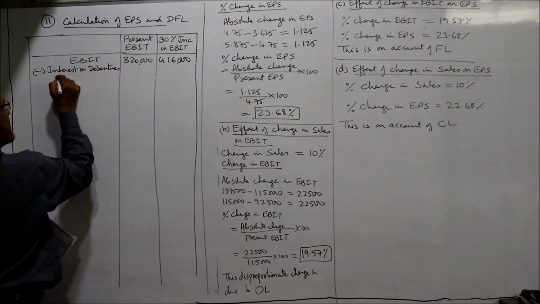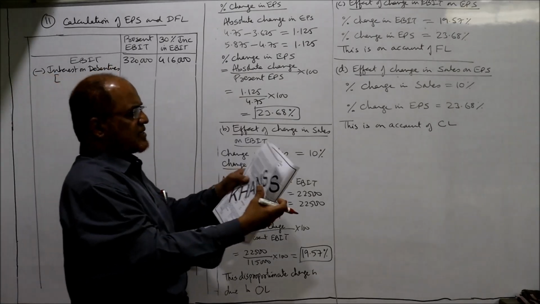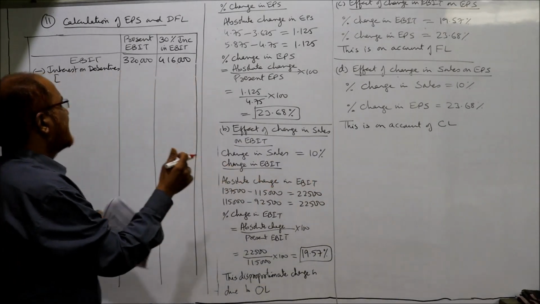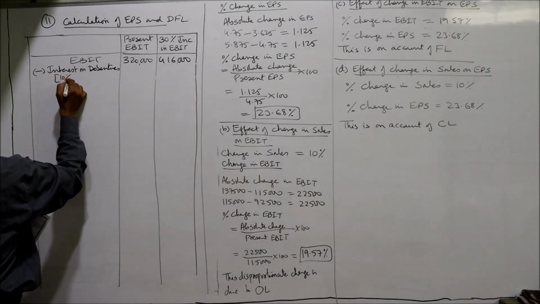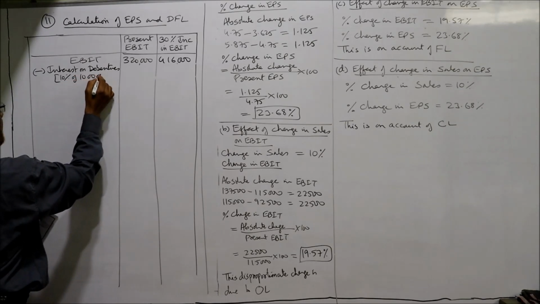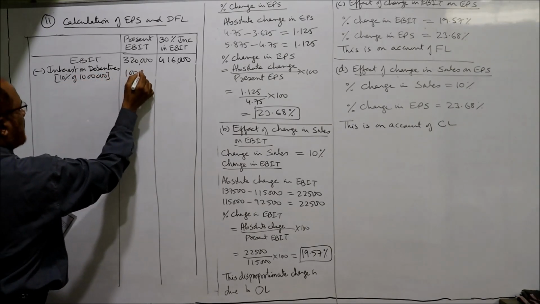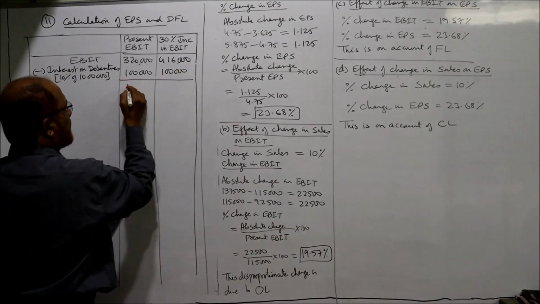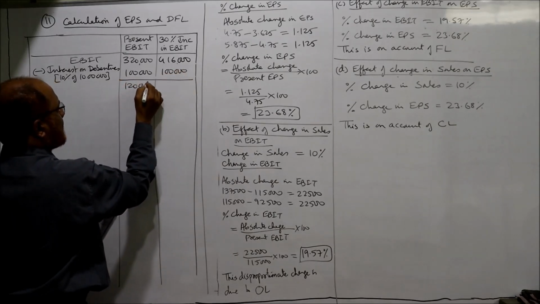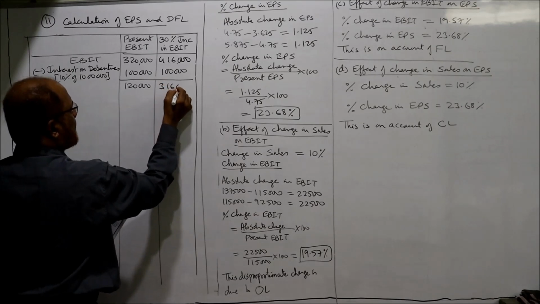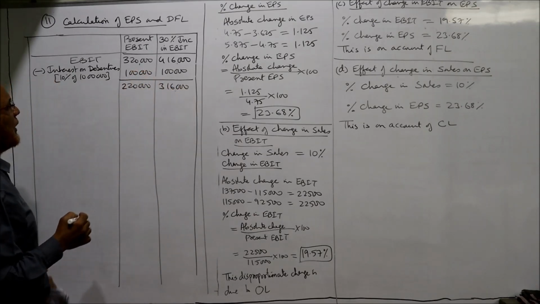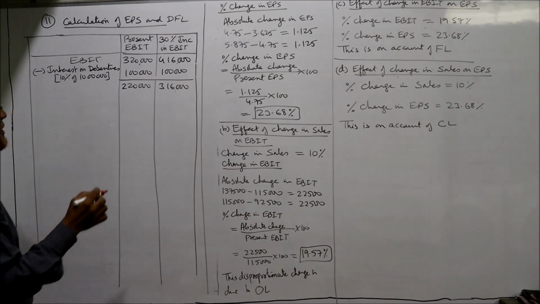interest on debentures. How much are the debentures given in the problem? 10% debentures 10 lakh. That is 1,00,000 interest. 3,20,000 minus 1,00,000 is 2,20,000, and 4,16,000 minus 1,00,000 is 3,16,000.